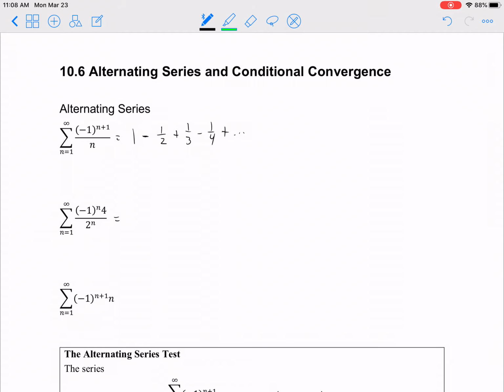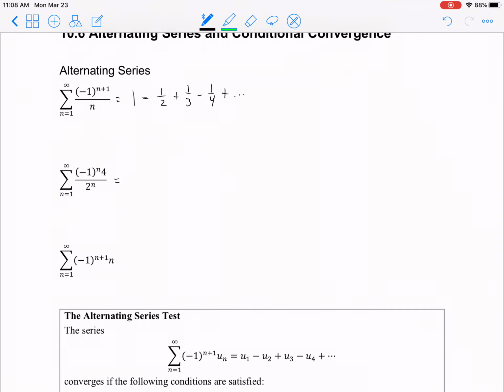Okay, the next one here can actually be written as a geometric series from n equals 1 to infinity, and this is negative 1/2 to the n times 4. Now be careful here, because in a geometric series, you have a sum of a times r to the n minus 1, and here we don't have that, we just have to the n.